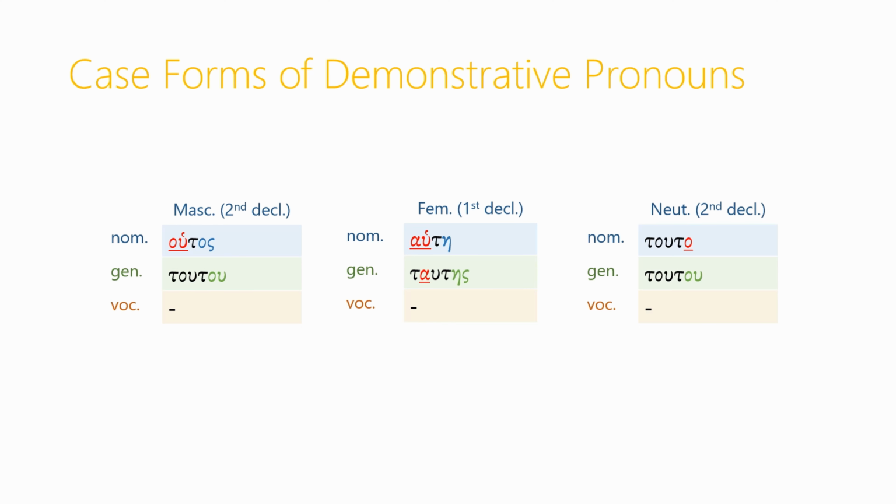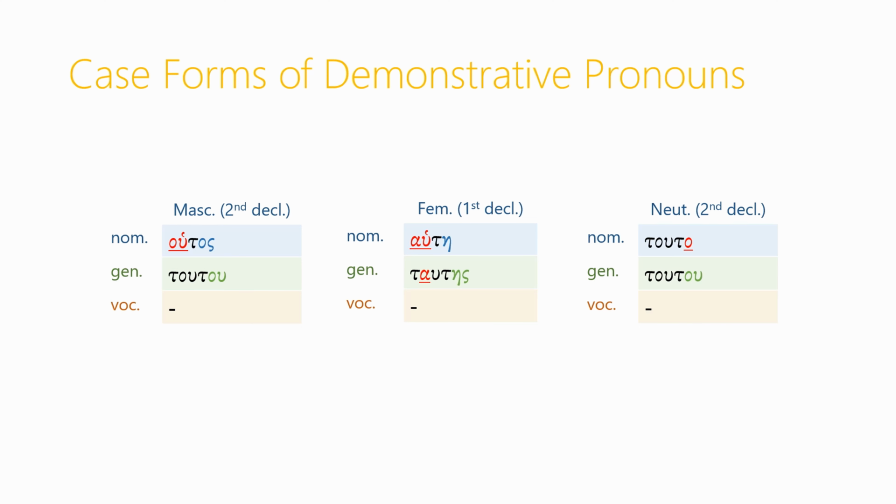A similar thing has happened in the feminine nominative singular, and so this woman, haute, was originally taute, and the tau dropped off, and now we have the rough breathing in its place, haute. We can sort of see these origins when we look at the nominative singular of the neuter form, because that is tuta.